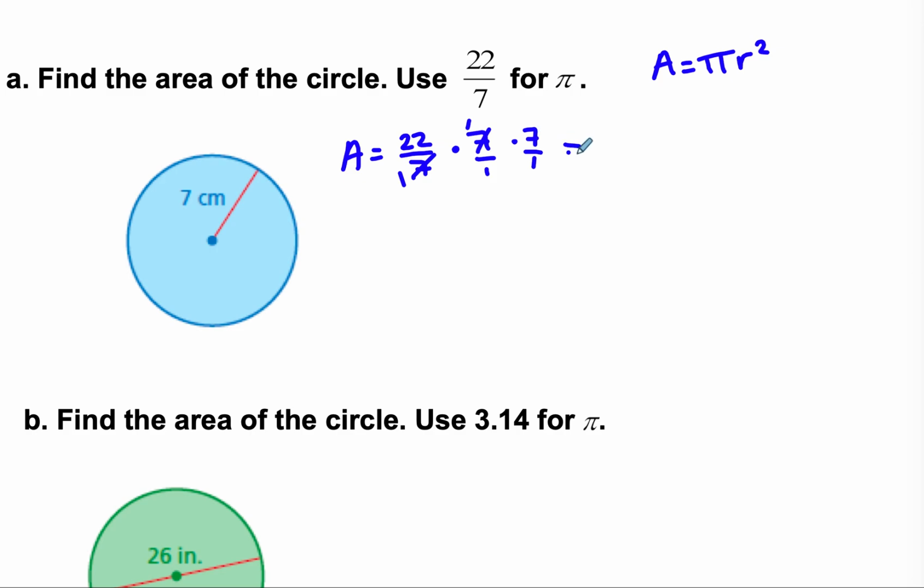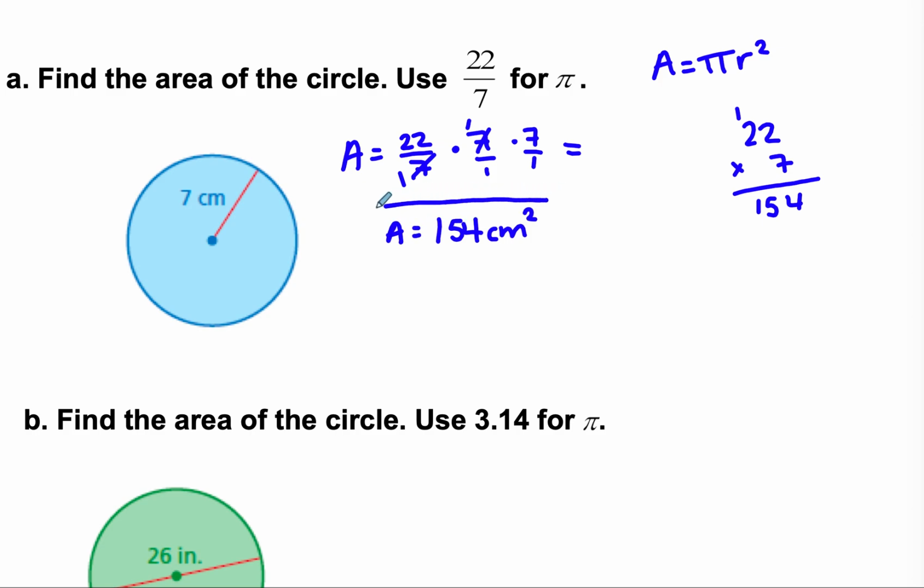So then I have 22 times 7. All right, and let's see, 22 times 7 gives me 154 centimeters.